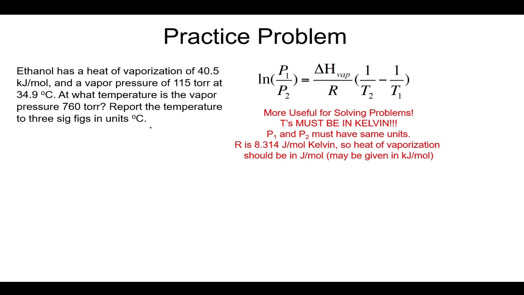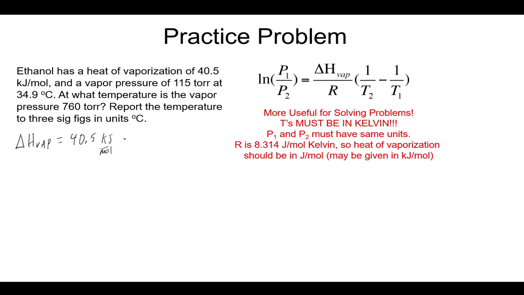For these long word problems, the best advice I can give you is to read it through once like we just did, read it through again, and write down the bits of information that are most useful. So ethanol has a heat of vaporization, delta H vaporization, of 40.5 kilojoules per mole.